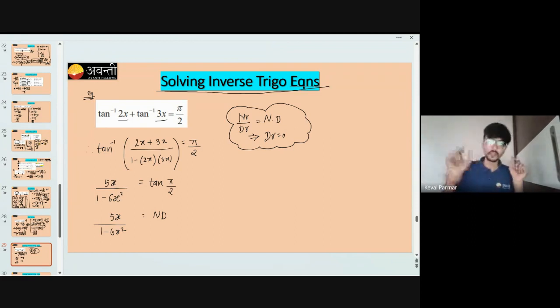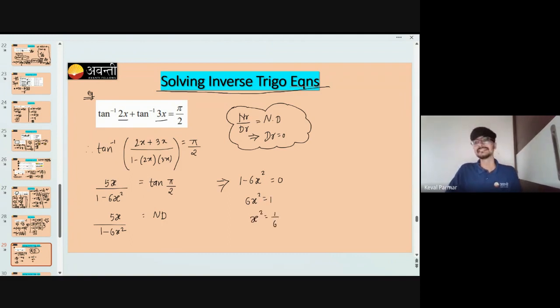So we can use this, which implies 1 minus 6x square is 0. So 6x square is 1, x square is 1 upon 6. What is the value of my x? It is plus minus 1 upon under root of 6.